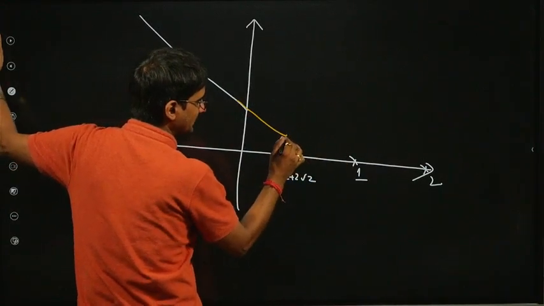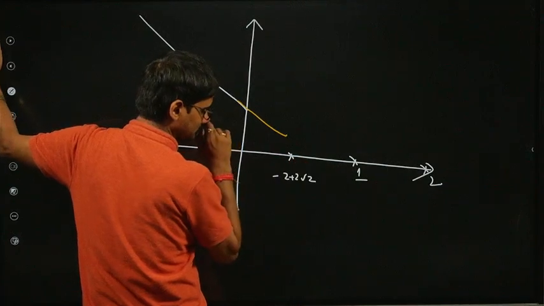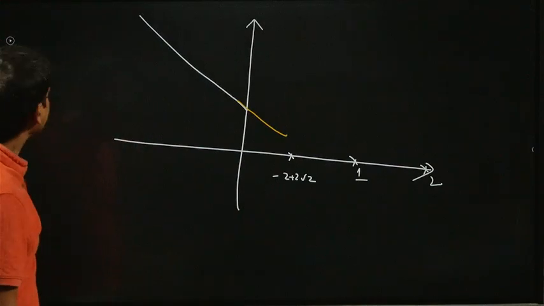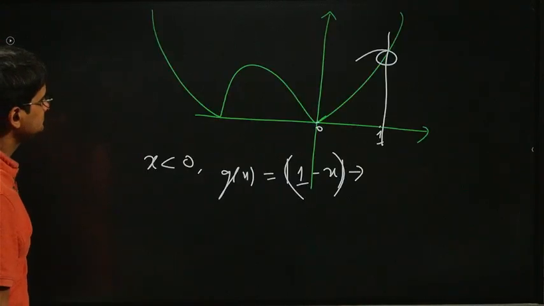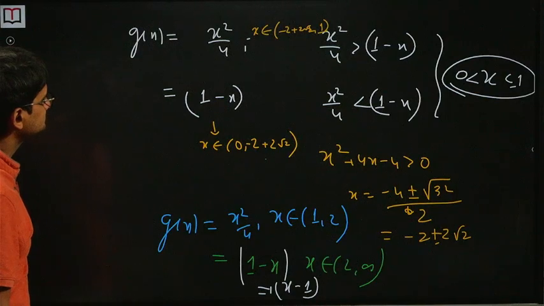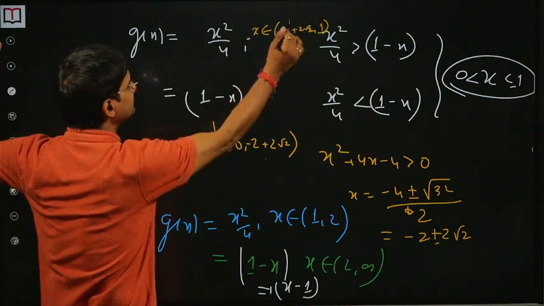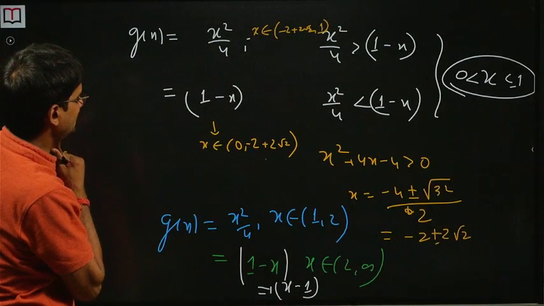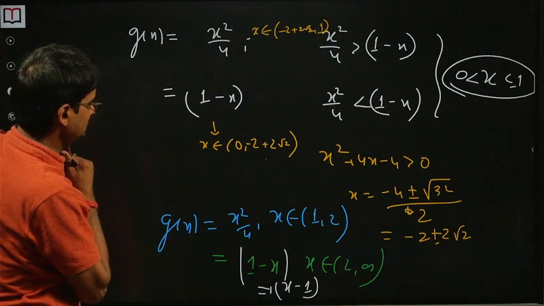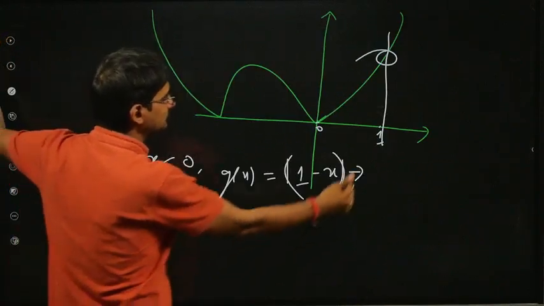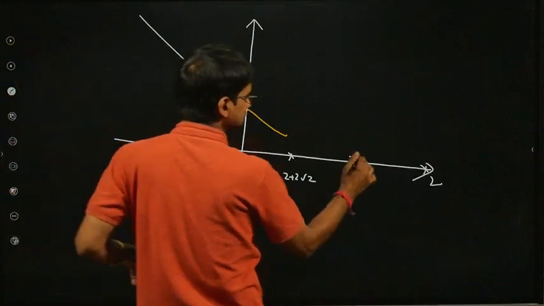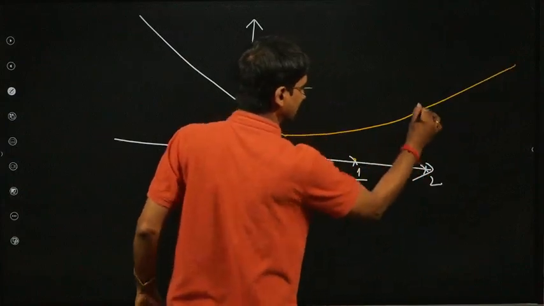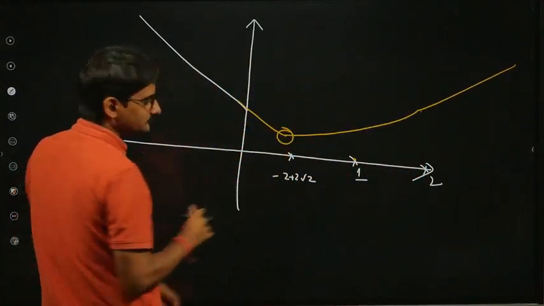From −2 + 2√2 to 1 it is x²/4, and 1 to 2 is x²/4. So till 2 it's like this, and then again it's a line. So the maximum value is here for sure.